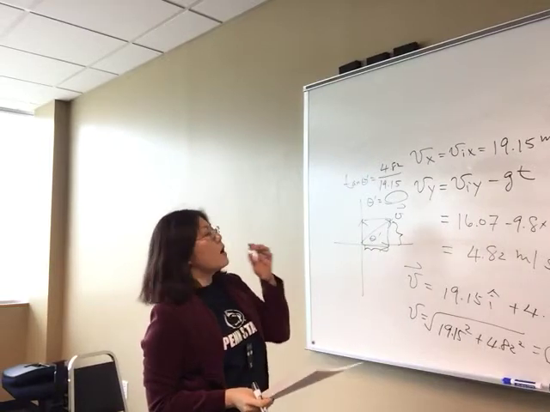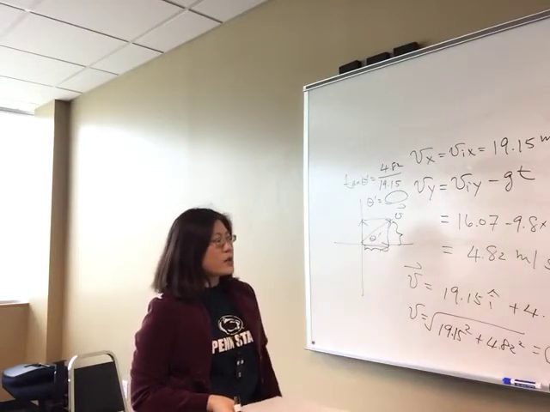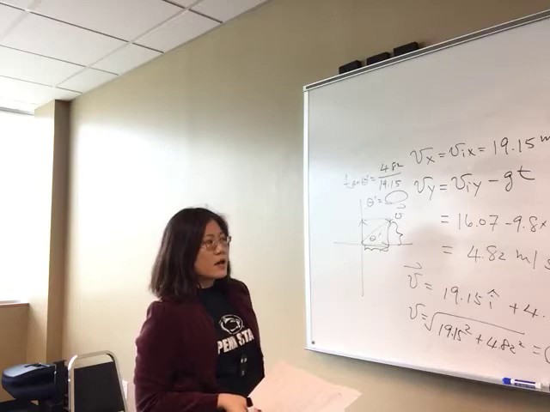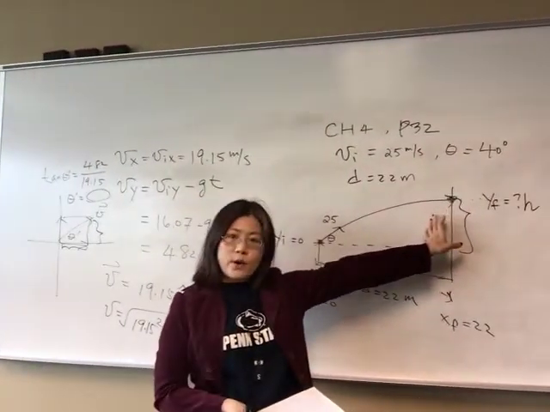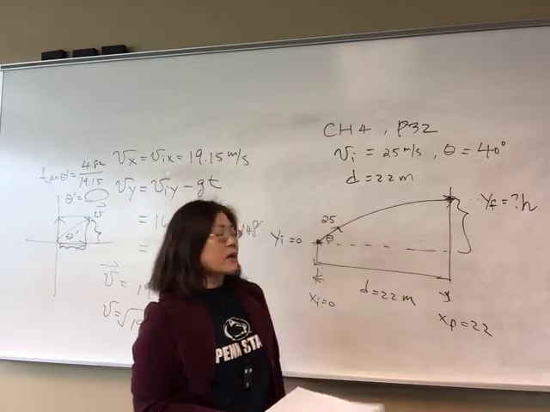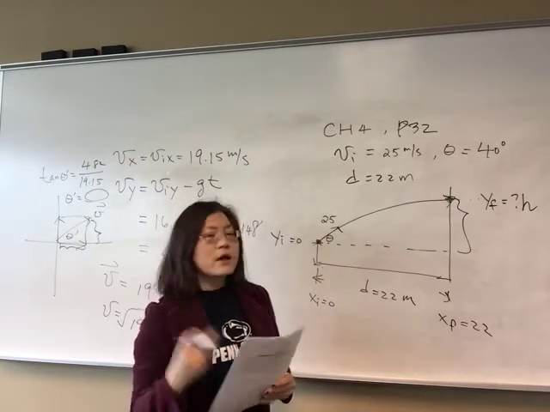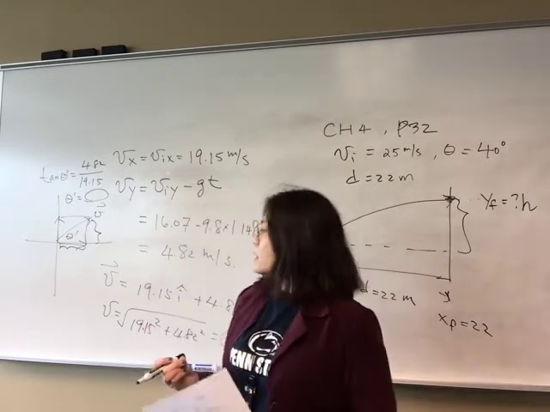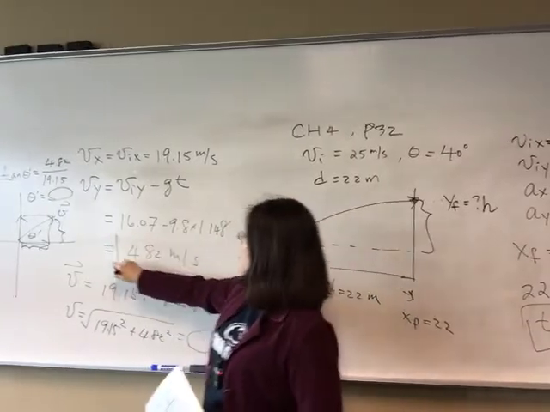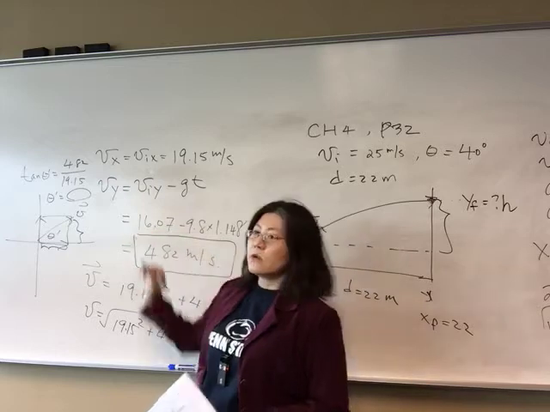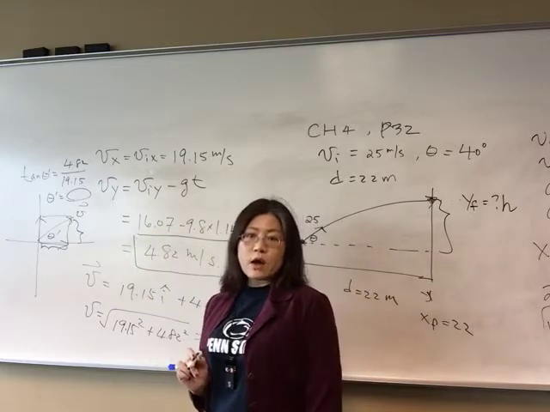Okay, so the final question that you're asked is, when the ball hits the wall, has it reached the highest point? One of the things you can use to answer the question is the final velocity in the vertical direction. If it is still greater than 0, it means that it has not reached the highest point.